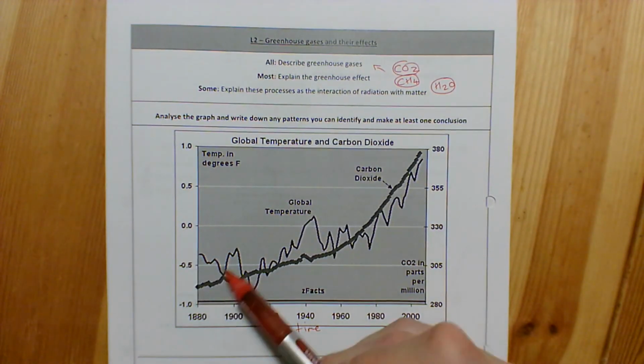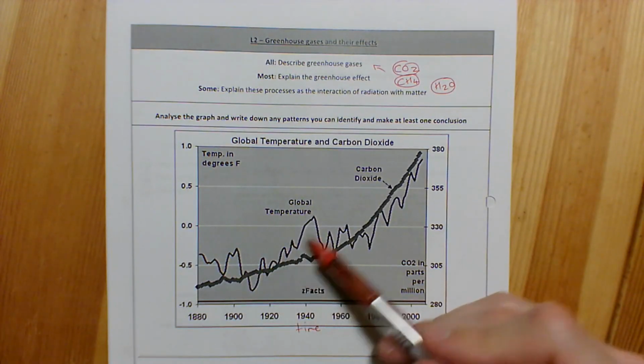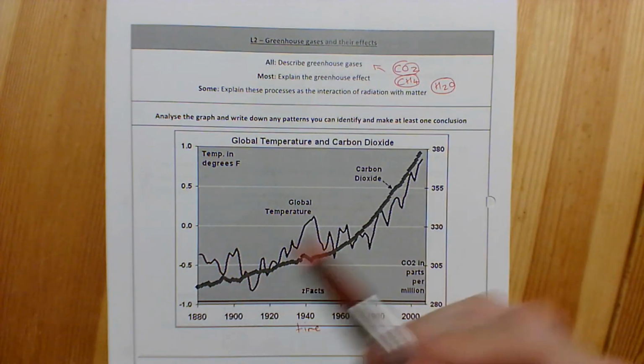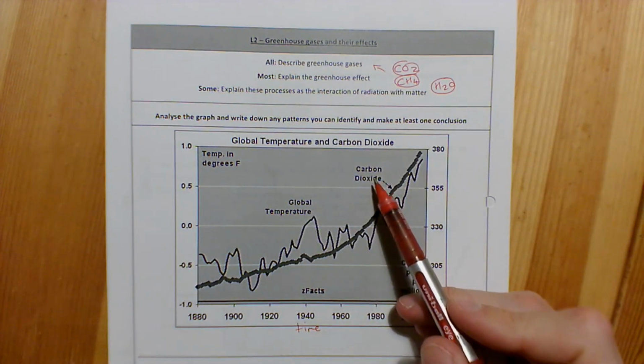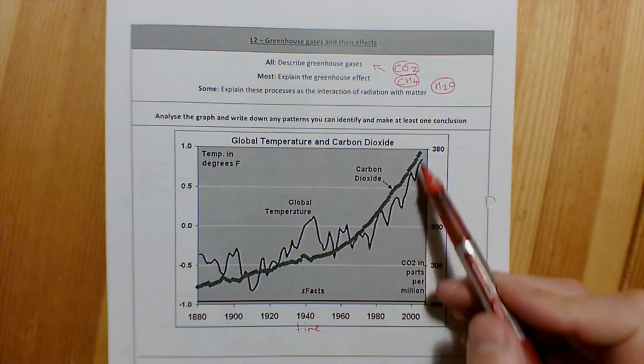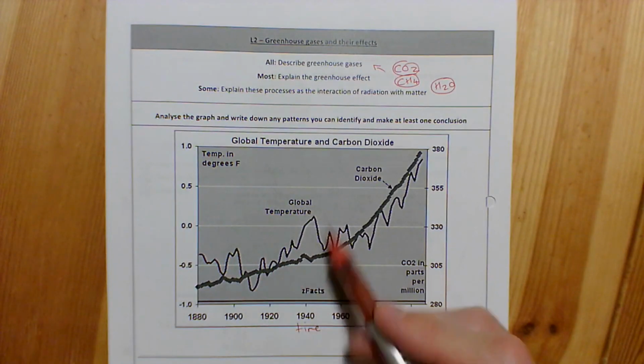So the global temperature over time has increased. The general trend is an increase. The carbon dioxide levels over time have also increased. Whenever you're analysing a graph or describing the trend in a graph, the first thing you want to do is find the general trend. In terms of the global temperature, it's all over the place, up and down, up and down.